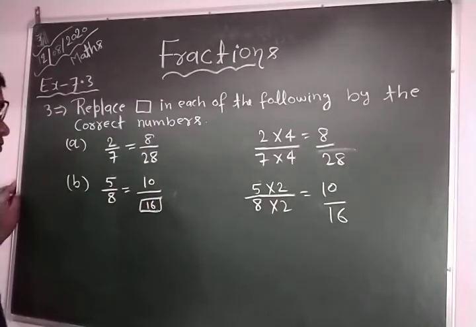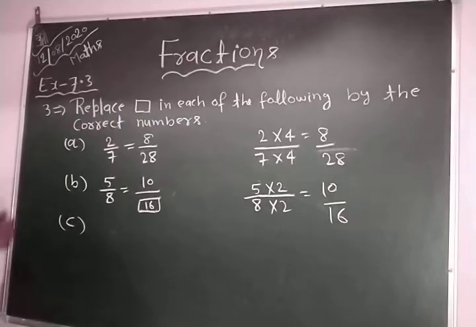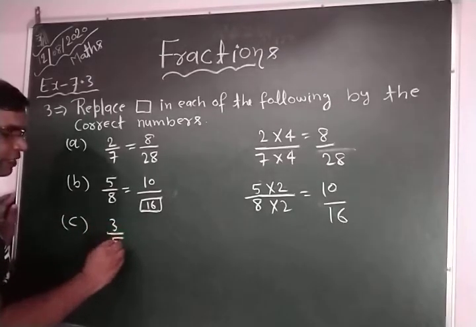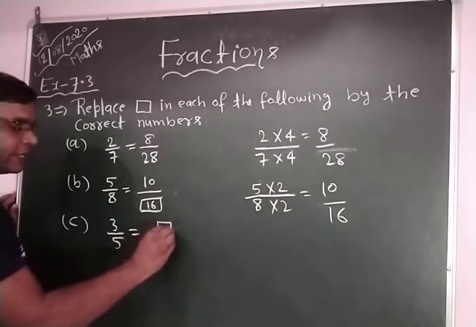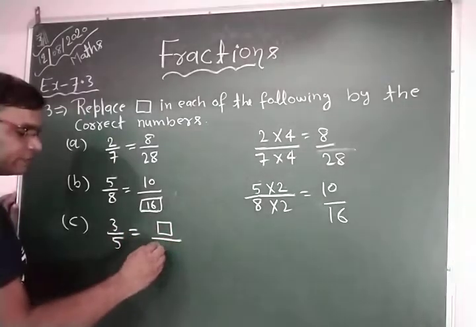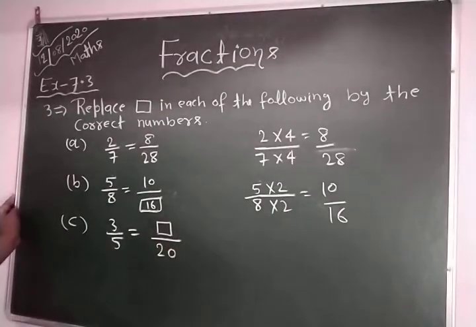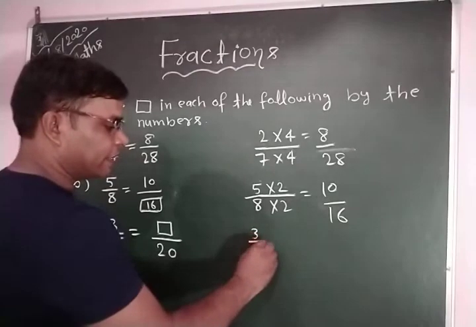Clear? Now the C part of this question is 3 by 5 equals blank by 20. First we write 3 by 5.